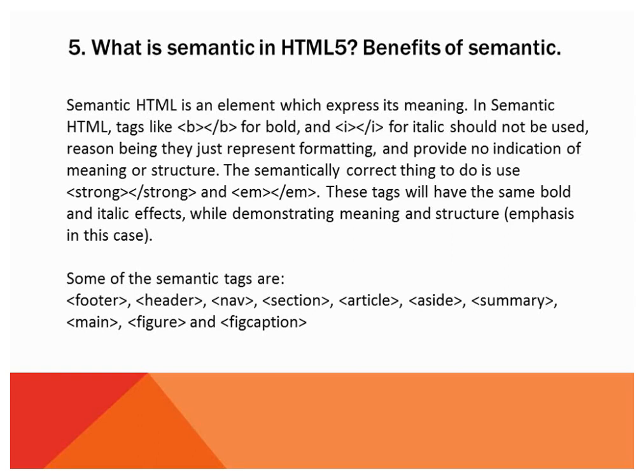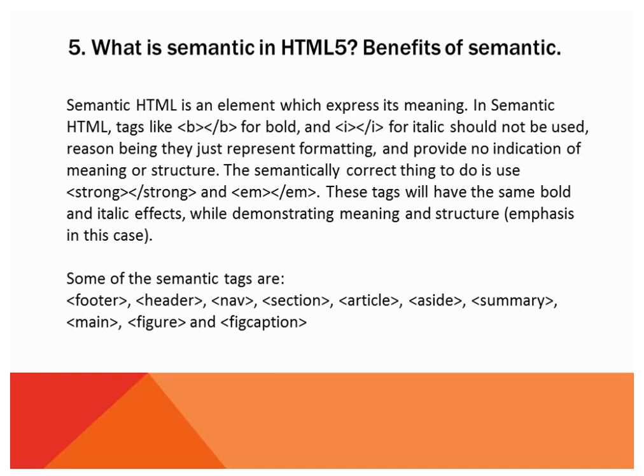The semantically correct thing to do is use strong and em. These tags will have the same bold and italic effect while demonstrating meaning and structural emphasis in this case. Some of the semantic tags are footer, header, nav, section, article, aside, summary, main, figure and figcaption.